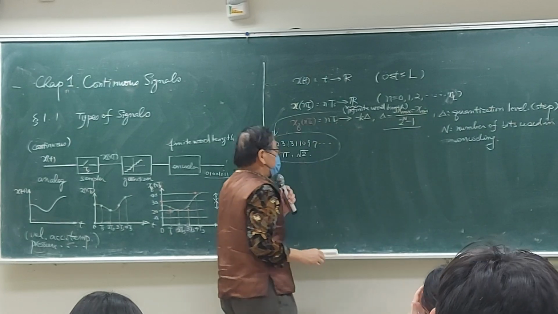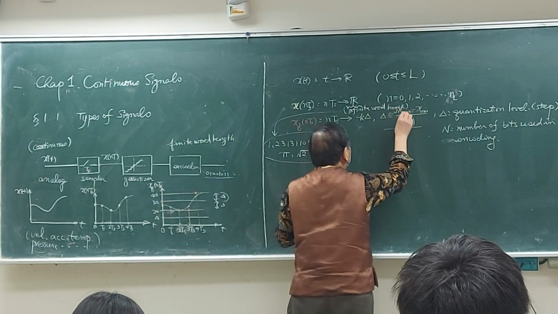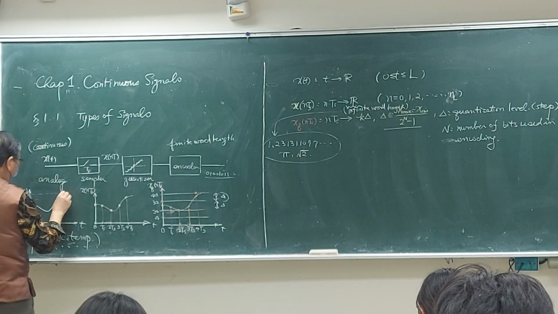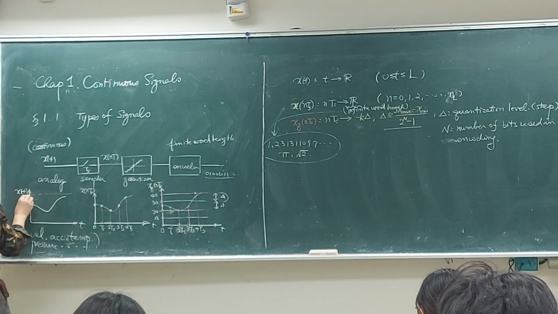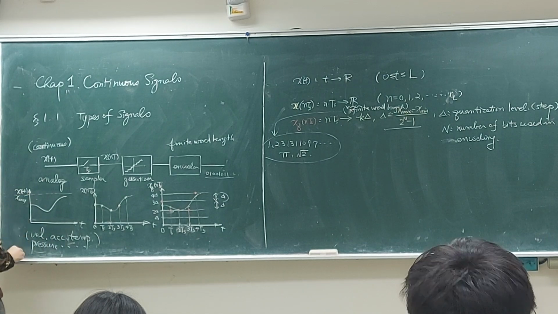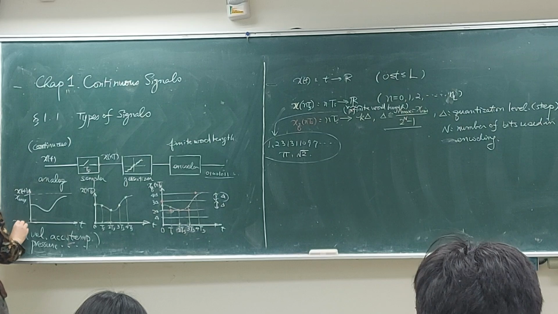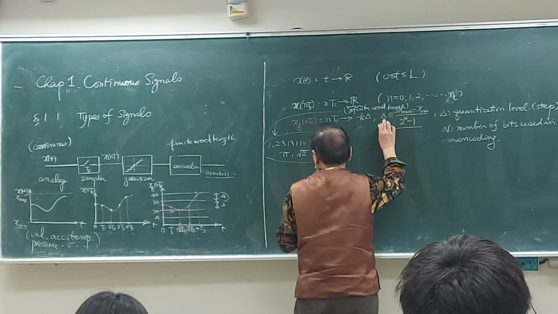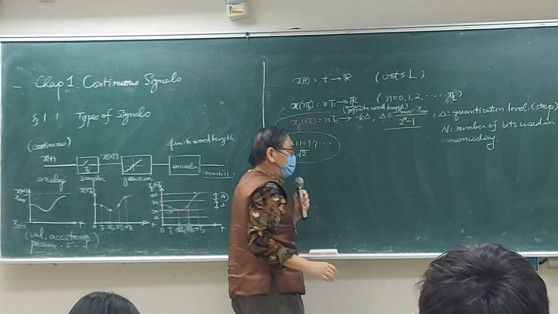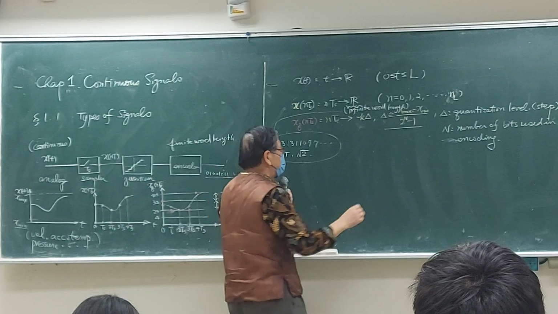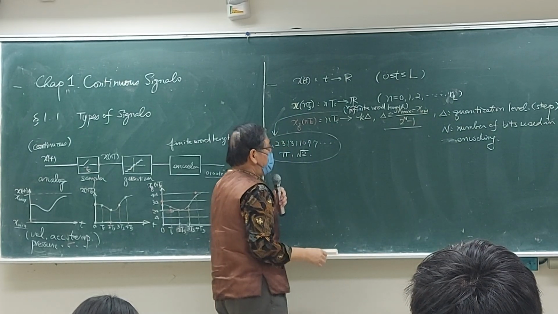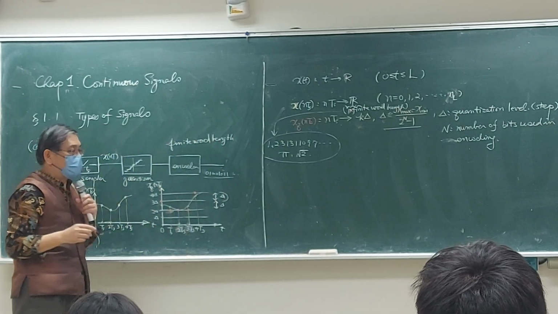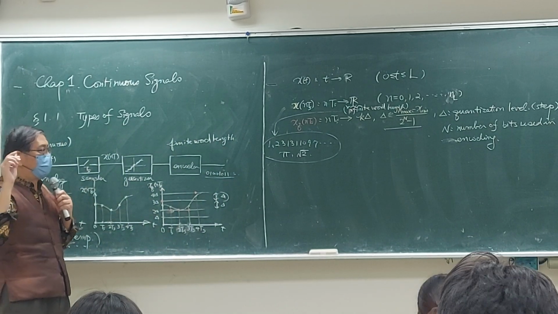The quantization level delta is defined by the maximum number of, supposedly, okay, let me assume that this is x max. And this is the x min, for example. Okay? Then the quantization level is equal to the difference between the maximum value of the signal, x max, and the minimum value of the signal, x min, divided by 2 to the n minus 1. n is the number of bits you use in your electronic device, the digital sensor.